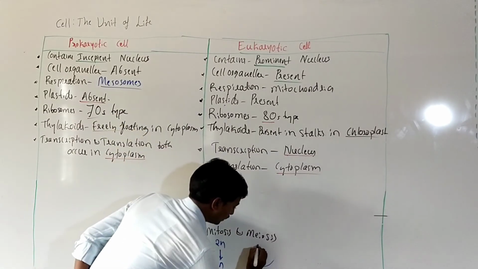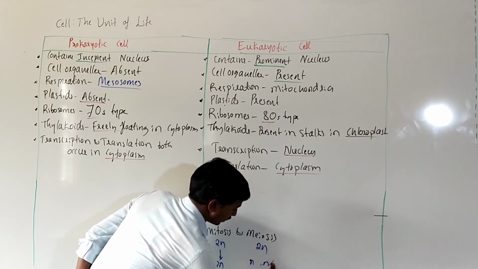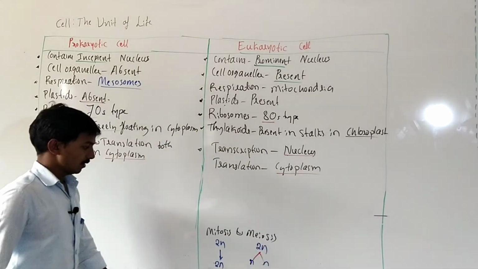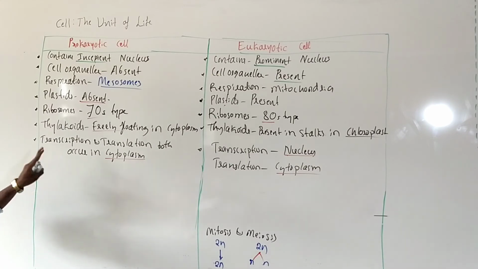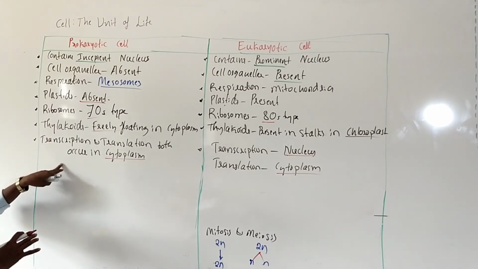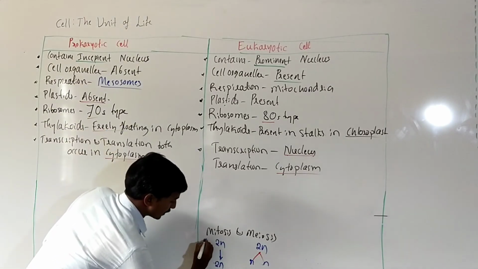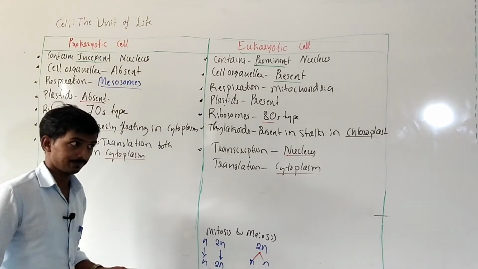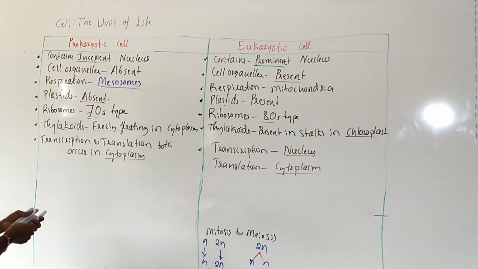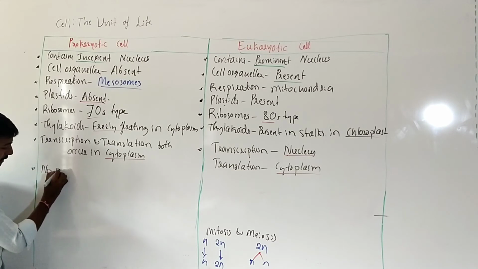But after meiosis, a diploid cell becomes haploid. If the cell is diploid, it becomes diploid; if it is haploid, it remains haploid in mitosis. Since the prokaryotes are haploid, they undergo only mitosis. There is no meiosis.